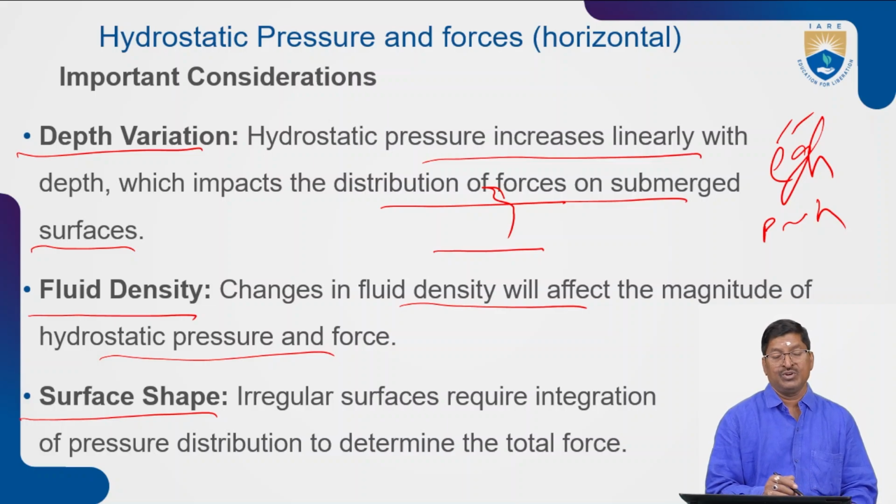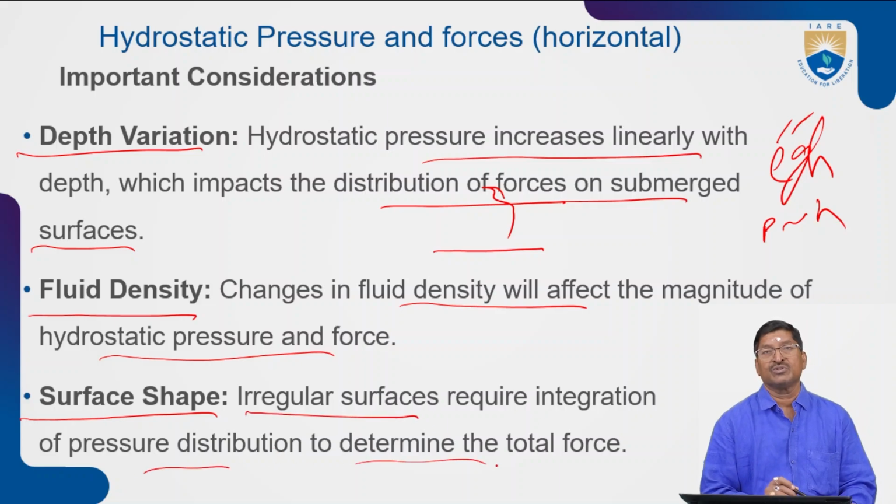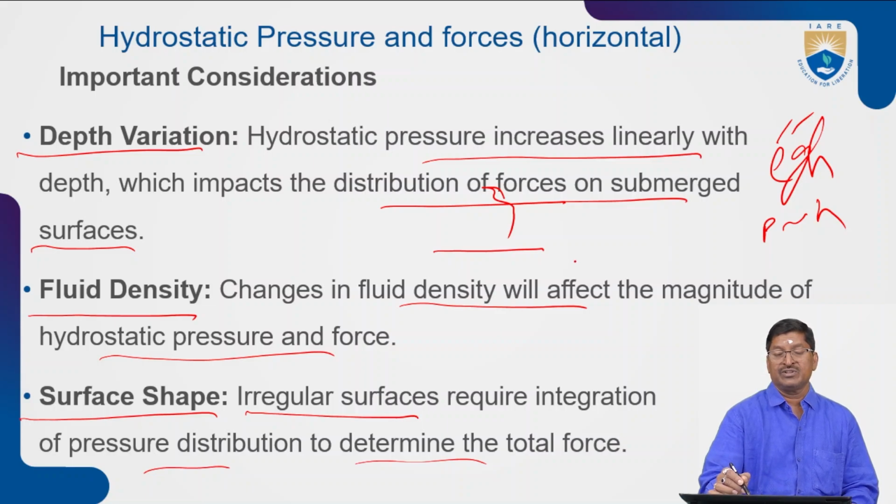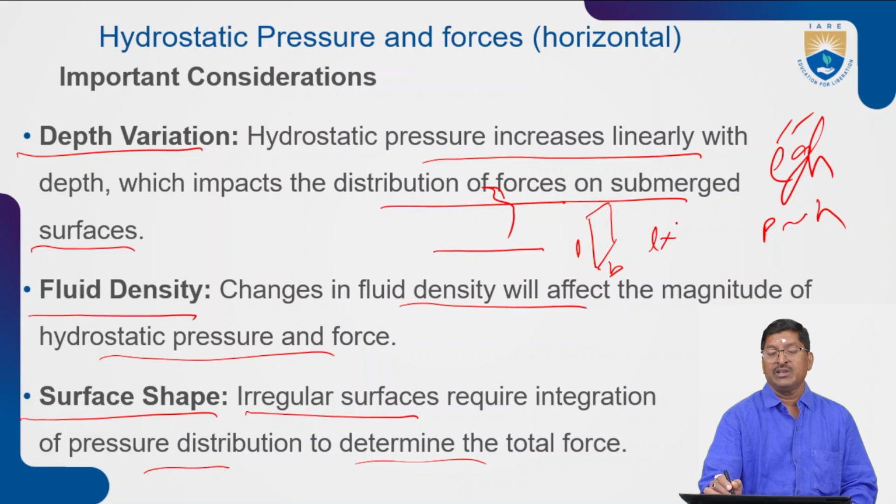And surface shape. Irregular surfaces require integration of the pressure distribution to get the total force. If it is a rectangular surface, L into B is the area. Pressure into area will give the force here.